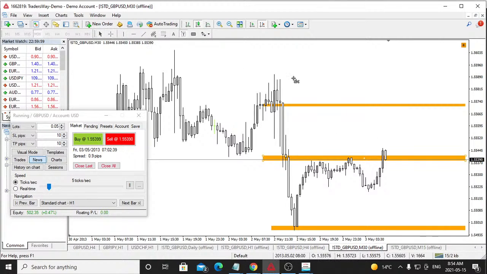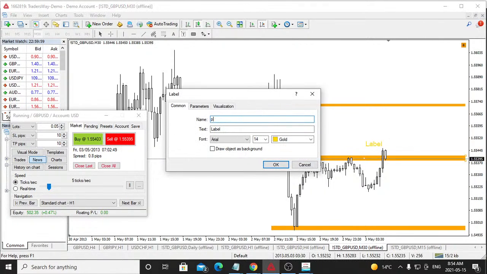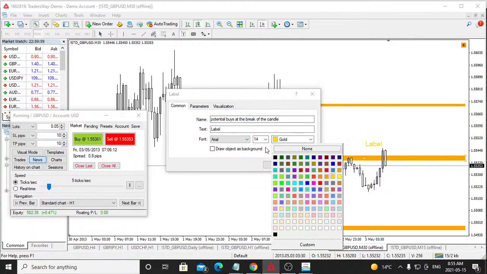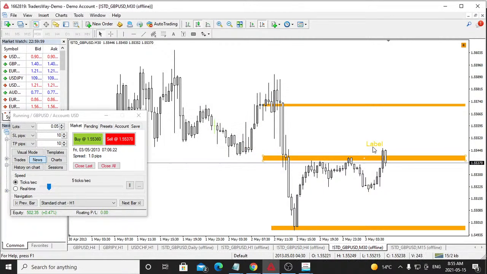Potential buys at the break of the wick, or at the break of the high. You can even say break of the candle. No, break of the wick. No, break of the candle. Oh, wait.